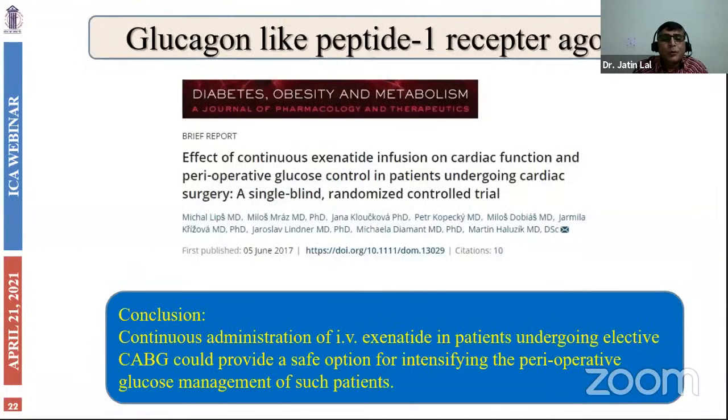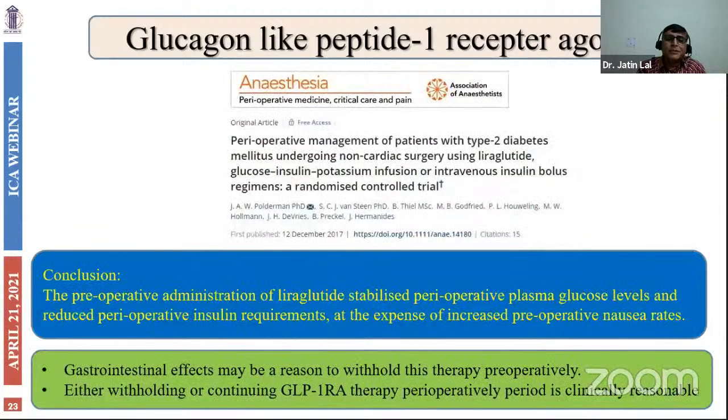This report was published in 2017: the effect of continuous exenatide infusion on cardiac function and perioperative glucose control in patients undergoing cardiac surgery. They concluded that continuous administration of IV exenatide in patients undergoing elective CABG could provide a safe option for intensifying the perioperative glucose management of such patients.